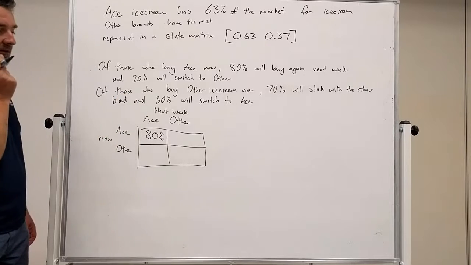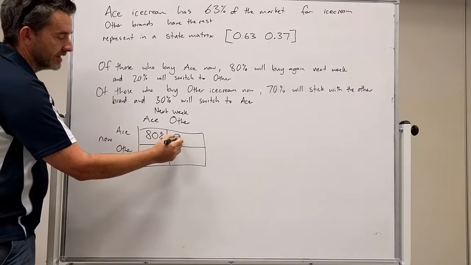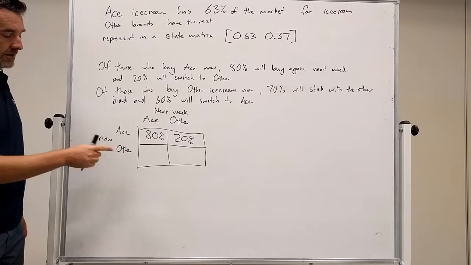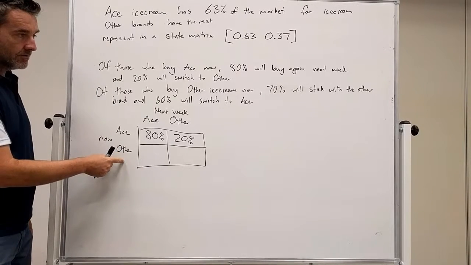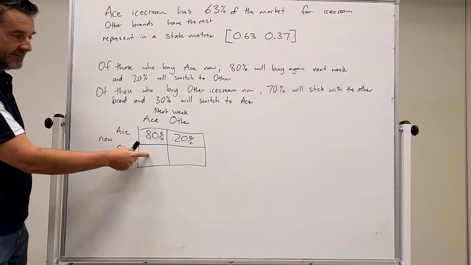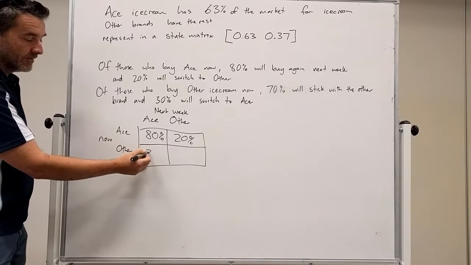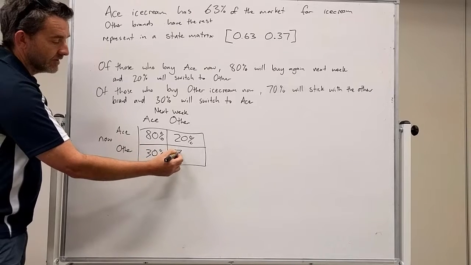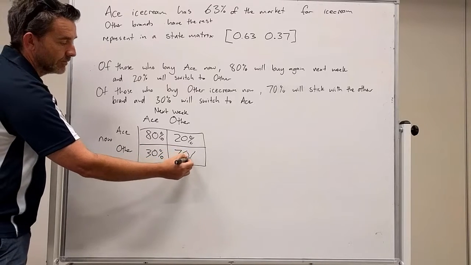That's what it's saying up here. And 20% are going to change to the other brand. If they're having other now, what number are going to go to Ace? 30% are going to go to Ace, and 70% are going to stick with other.